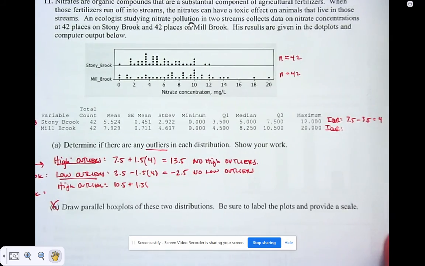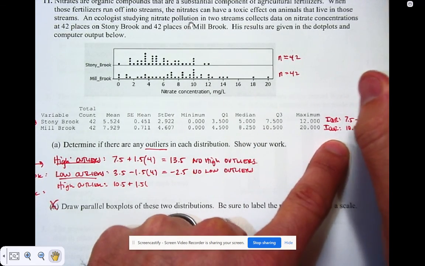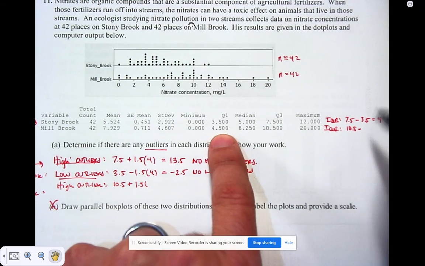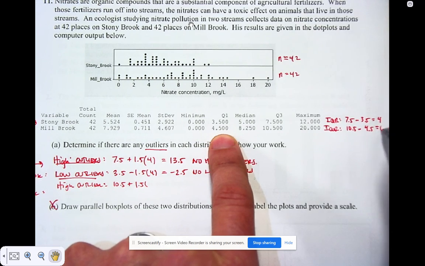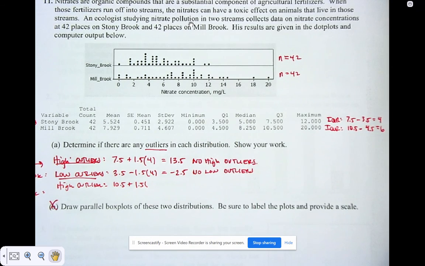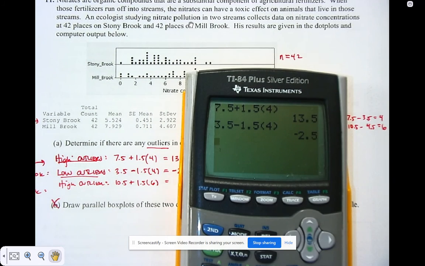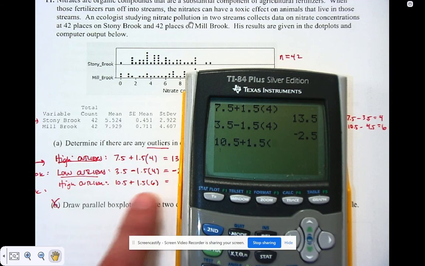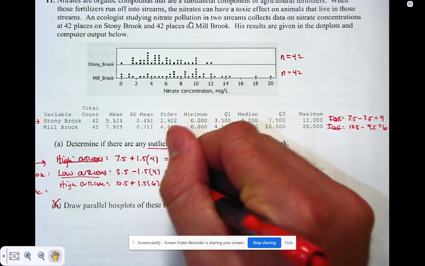The IQR for Millbrook is quartile 3, 10.5, minus quartile 1, which is 4.5. So that's going to give me a value of 6. So I come back here and fill that in and do my math: 10.5 plus 1.5 times the IQR, which is 6, and I get 19.5. You guys, this is recorded. If you're lost, hit rewind, right?